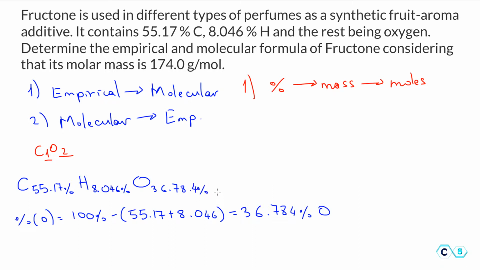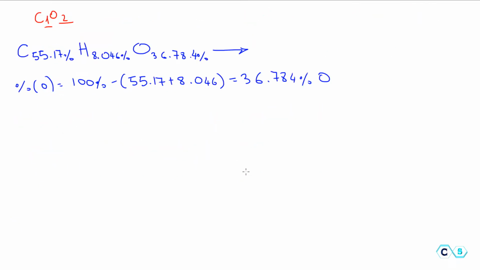Oxygen, 36.784%. Now, in one step, we are going to convert this to mass, and in order to do it, remember, we assume that we have 100 grams of a sample. When I do this, I get the same numbers.